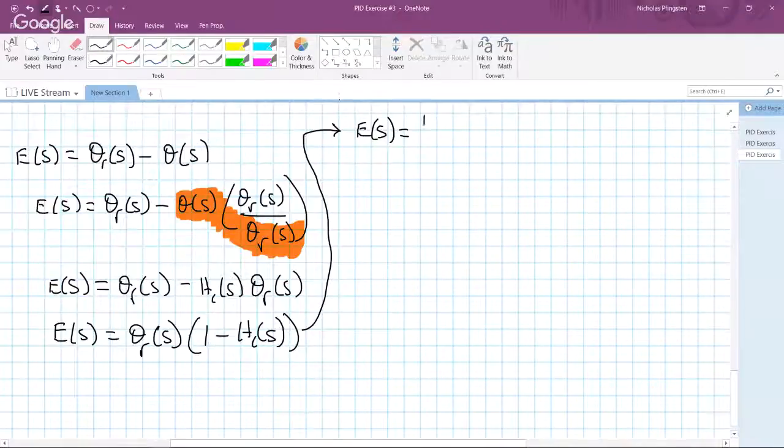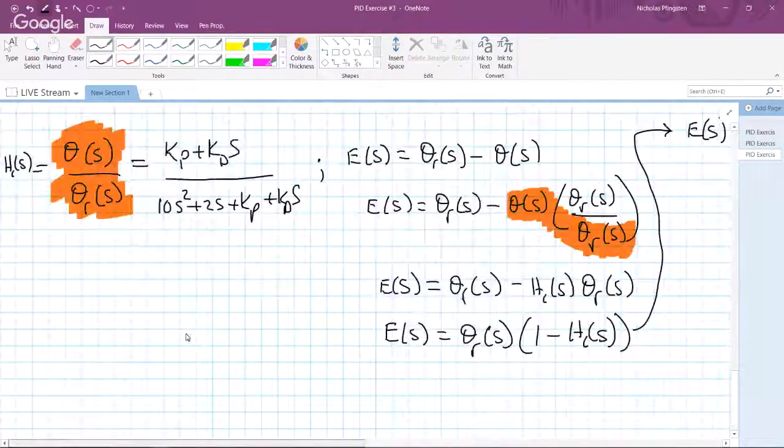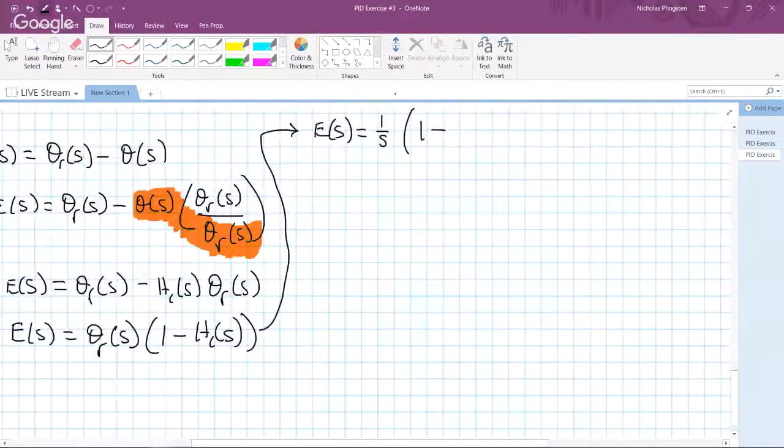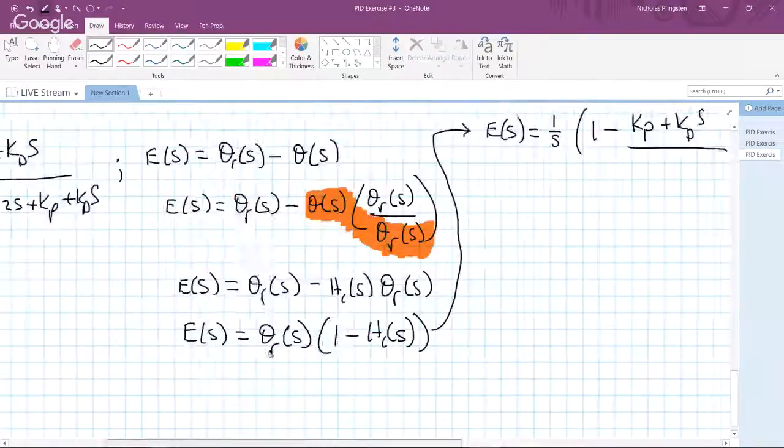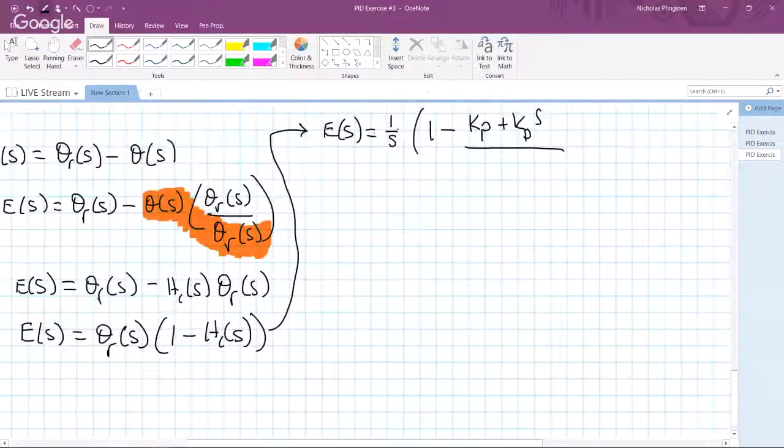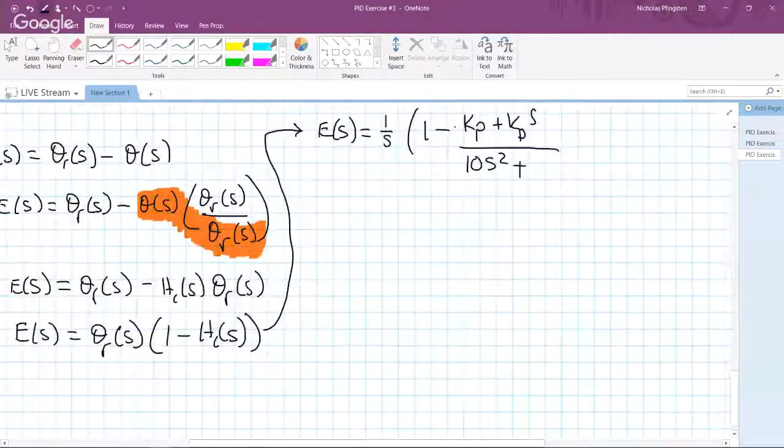So I can write 1 over S. And we're 1 minus Kp plus Kd S over 10S squared plus 2S plus Kp plus K sub D of S.